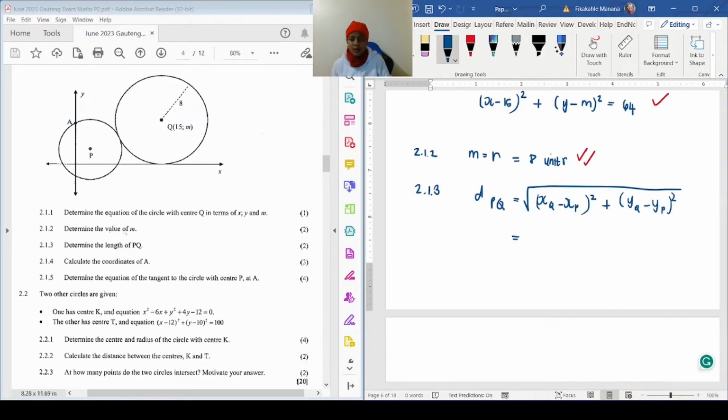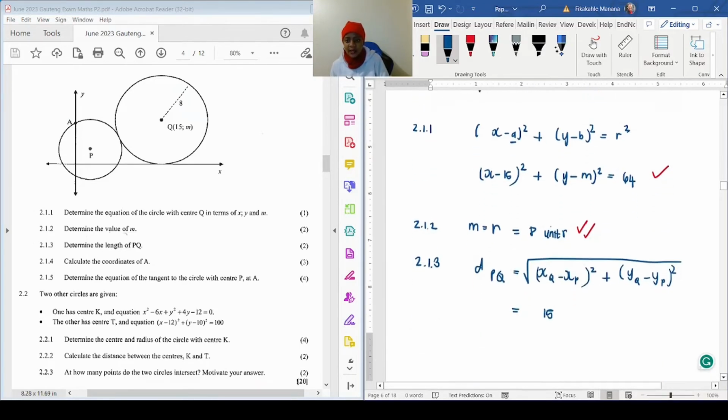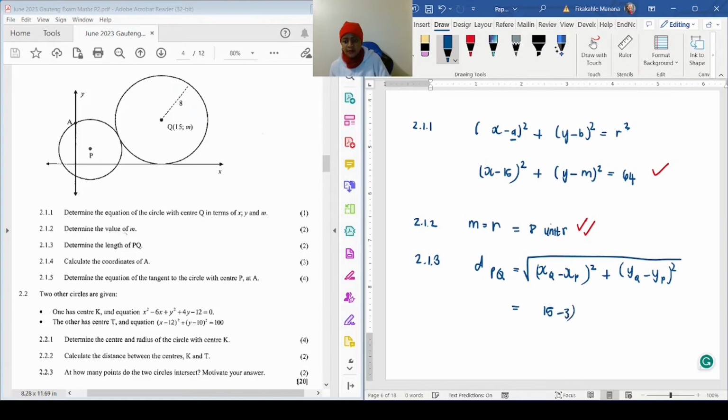So the x coordinate of Q is 15, and for P, we've indicated it here, it's 3. The y coordinate of Q is 8, and for P it's 3.